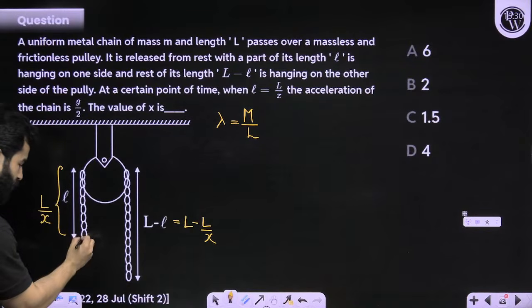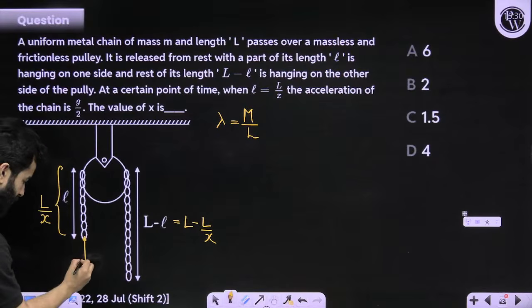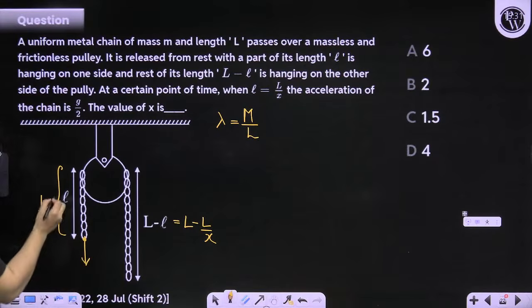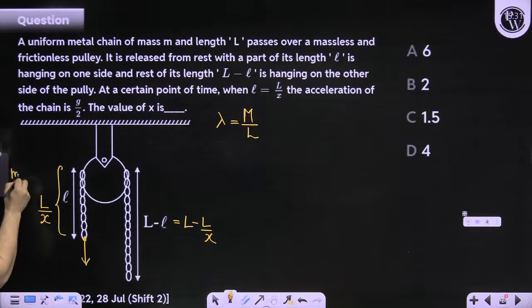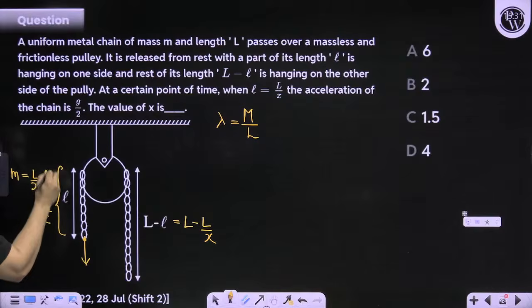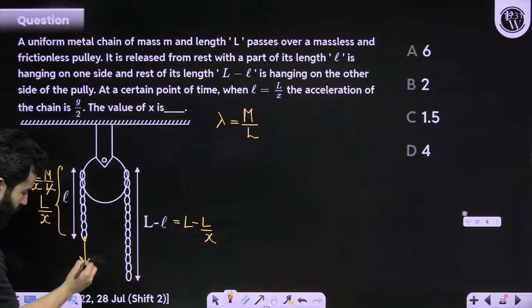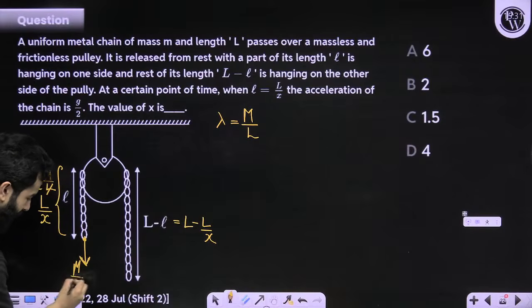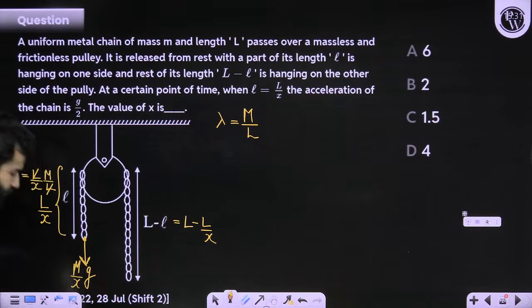Mass of this will be, kindly see, small m will be L by x times m by L. That means it will be m by x. So this will be, my dear friends, m by x multiplied by g.